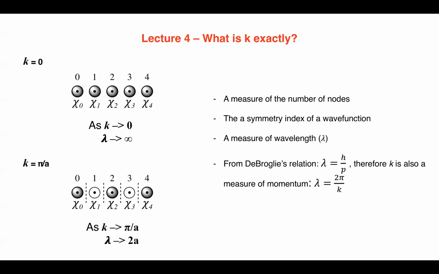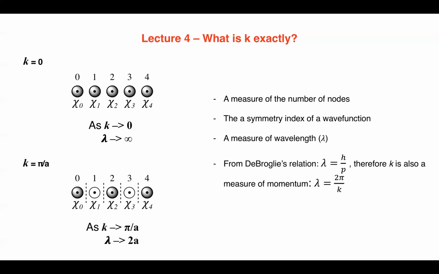So for these hydrogen 1s orbitals, as k approaches 0 in an infinitely large ring, the wavelength of the electron in the MOs becomes infinitely long, right? So as you approach 0, the number of nodes goes to 0, and you end up with this very long wavelength.